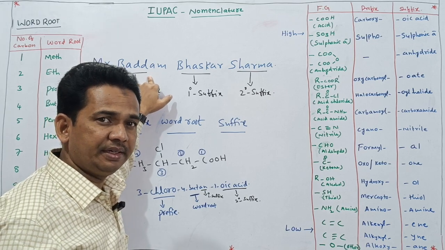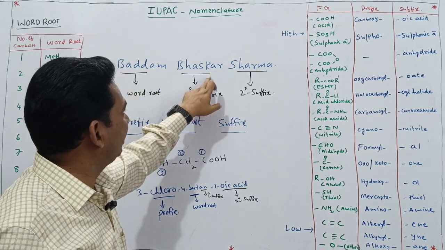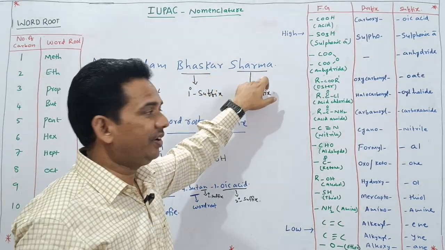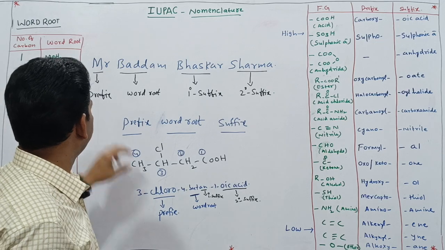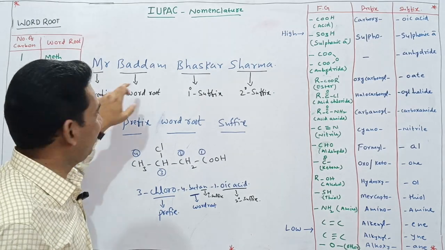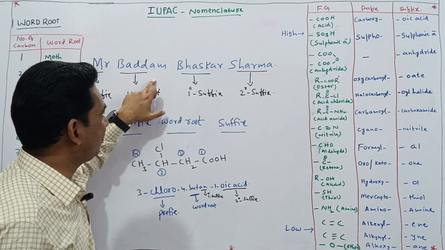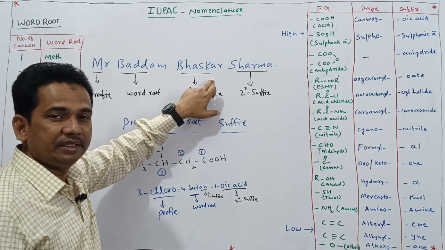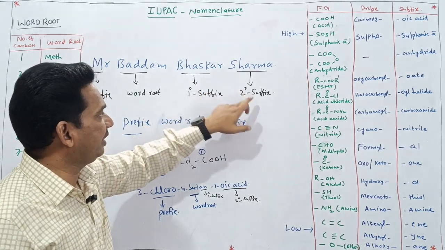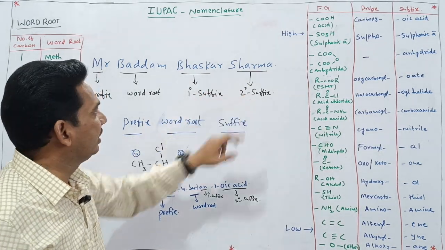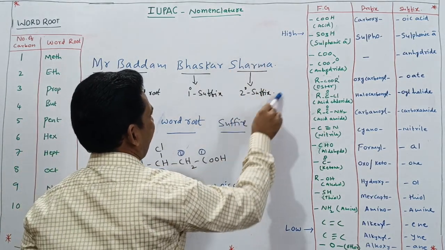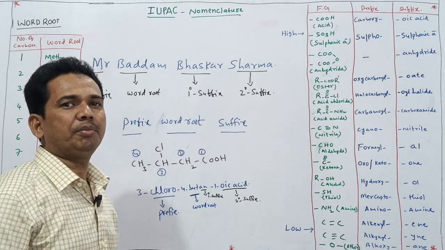Then Bhaskar, his father's name, is the primary suffix. Then Sharma, his grandfather's name, is the secondary suffix. Grandfather's name usually tells about their family. They belong to the Sharma family.